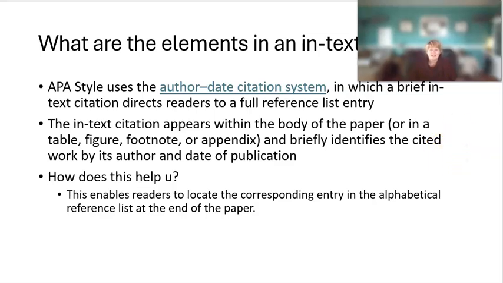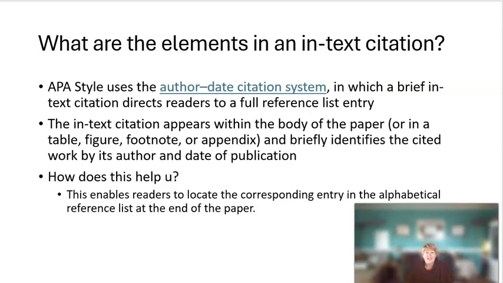What are the elements of an in-text citation then? APA uses the author-date citation system. And again, if you have this PowerPoint presentation, this is a hyperlink. It takes you directly to that page on the APA style website. The author-date citation system is a system where we get to, again, showcase the reference that information in that paragraph came from by adding the author's last name and the year of publication.